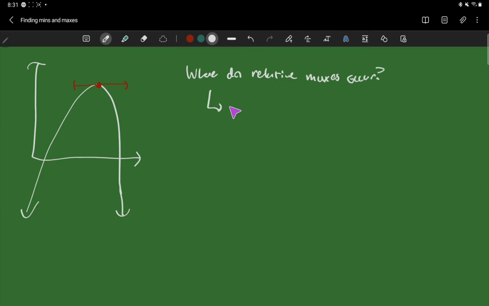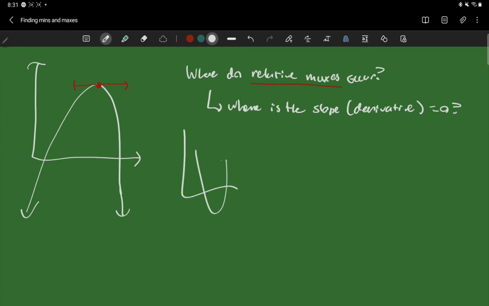What you want to think to yourself is, where is the slope, or derivative, equal to 0? Now this term relative max or min, I keep saying maxes. It's maxes or minimums. It doesn't really matter, right? Because if you have some parabola, maybe it's facing up, this is the minimum down here, the slope is still 0.